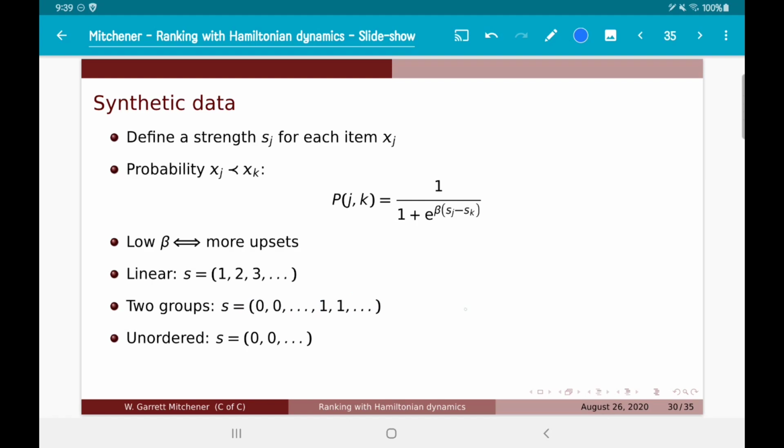So that should give me a clump of particles here and a clump of particles over there. And then just for reference, I'm going to do a completely unordered case where all the particles have strength 0, at which point all of the items are indistinguishable, and the particles should all be clumped very tightly.